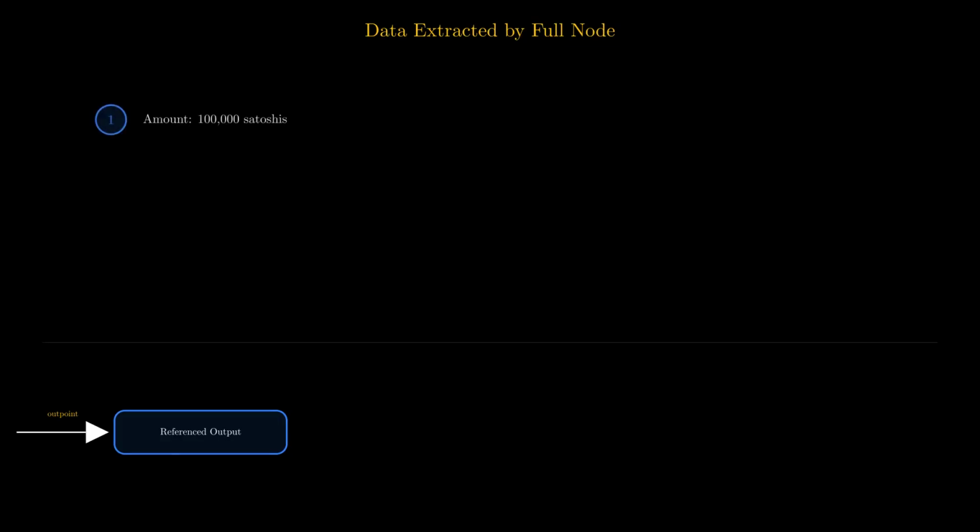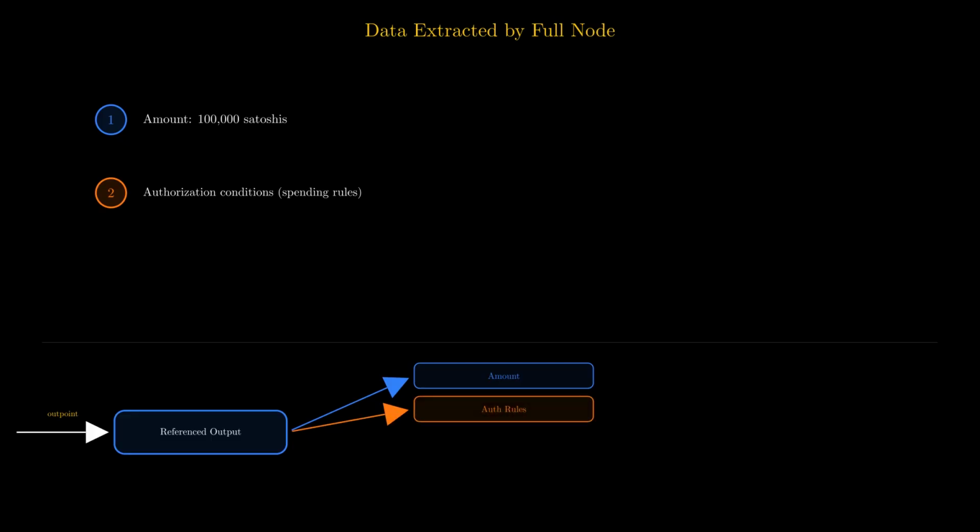It extracts 4 critical pieces of information. First, the amount, 100,000 satoshis. This tells the node how much value is being moved. Second, the authorization conditions, the spending rules embedded in the output script. These define what proof Alice must provide to spend these coins. Third, the block height and the median time passed of the block containing the output.